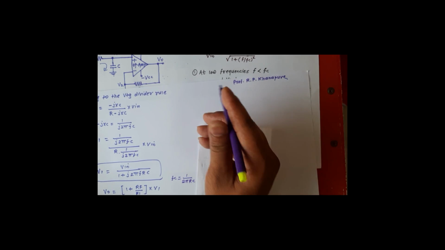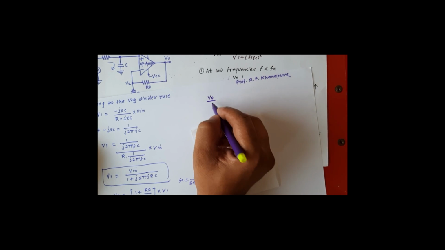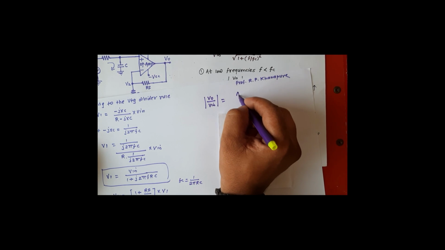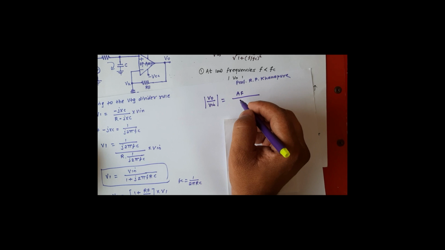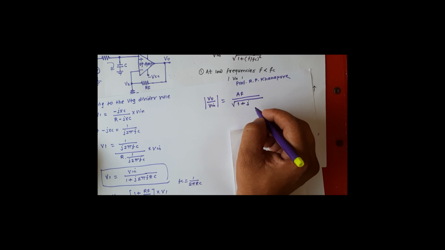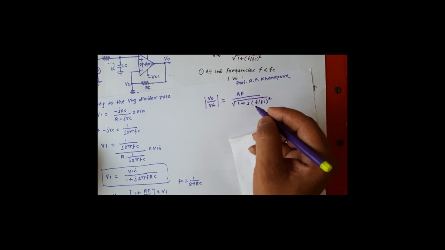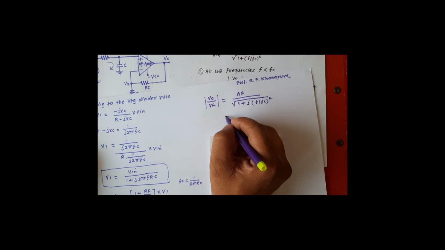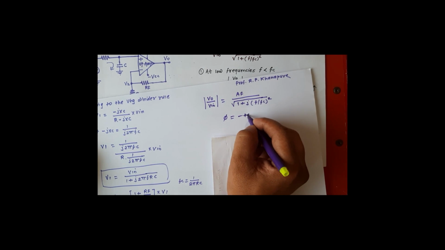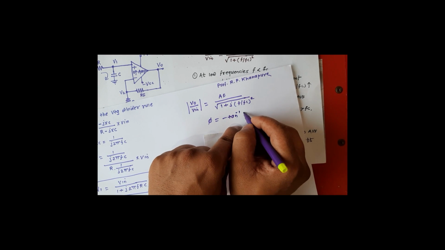Right. So the equation becomes, for magnitude and phase angle, V0 by Vin is equal to AF upon root of 1 plus (f upon fC) squared, and phase angle phi is equal to minus tan inverse of f upon fC.